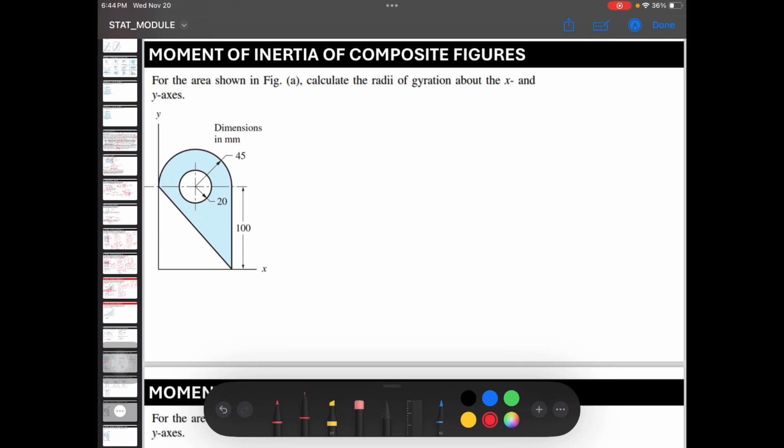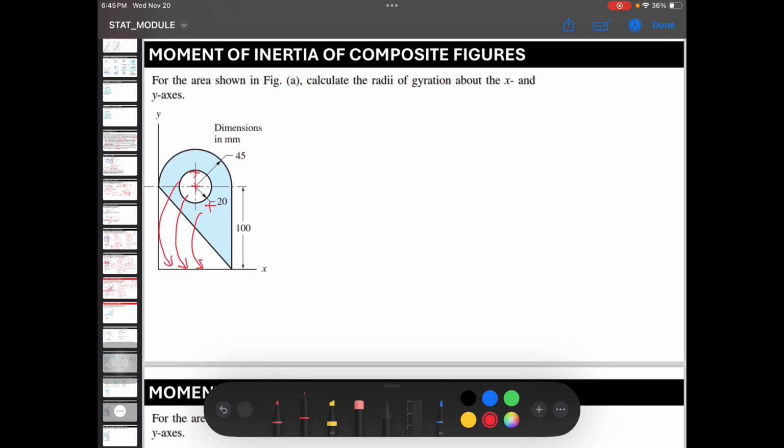So, gusto niyang kunin yung total na moment of inertia ng buong section. So, ibig sabihin, kailangan natin ilipat yung mga moment of inertia nila. Yung centroidal moment of inertia dito, centroidal moment of inertia na semicircle, centroidal moment of inertia dito, ililipat natin sila dito.